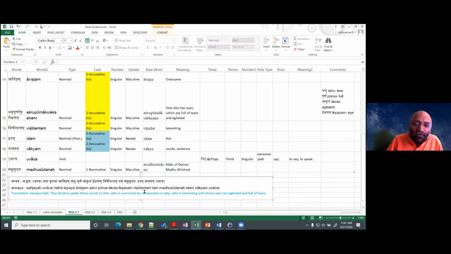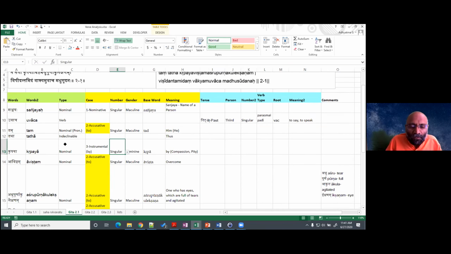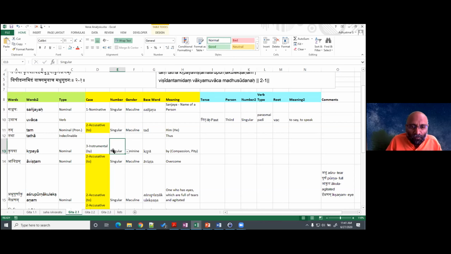So I hope this gives you an idea of how we analyze and understand the words in a Sanskrit verse to figure out the meaning. It may look pretty imposing if you look at the verse as a whole, with such long words. You understand some fundamentals of grammar and it becomes so easy to understand what it means.